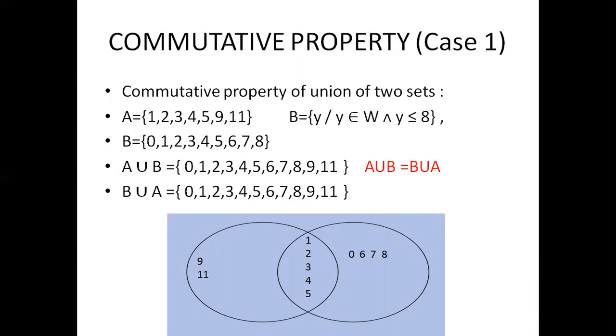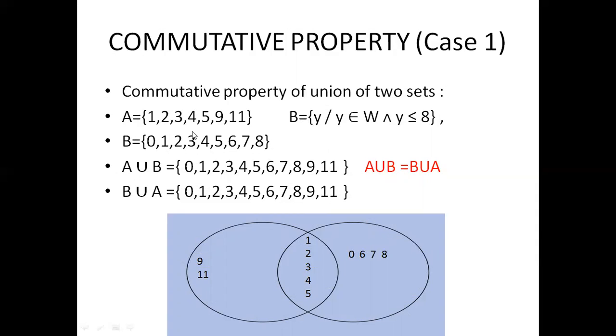And you can see the Venn diagram. Remember one thing, children. The Venn diagram should always be constructed with the help of the sets. Let me repeat once again. The Venn diagram will only be constructed with the help of sets.